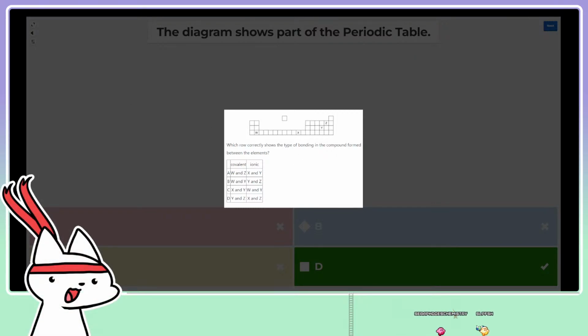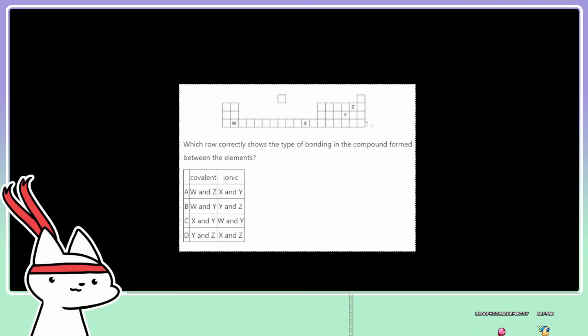So let's take a look. W should be group 2. Group 2 is a metal, so W is a metal. X is a metal because it's a transition metal. Y is a non-metal.